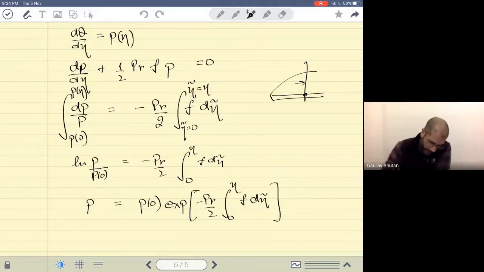So now we can substitute p as d theta by d eta. In fact, I can write this theta prime at 0.